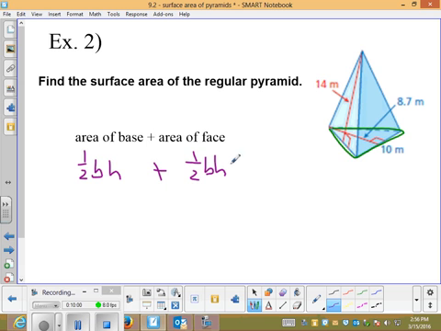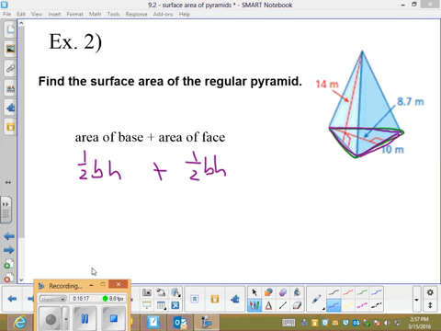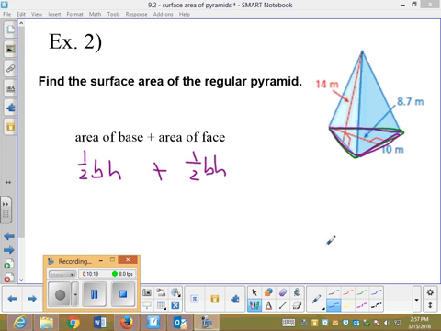So for this one, my base is going to be, well, let's see. It looks like my base is going to be 10 because it says 10 here. I'm sorry, not all the way around, just here. The base is 10.